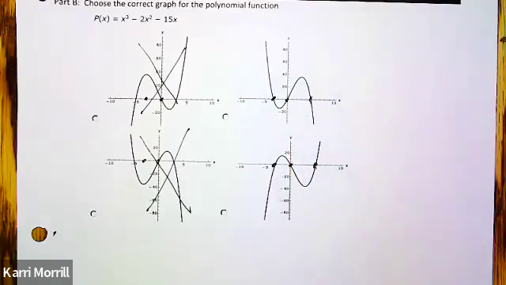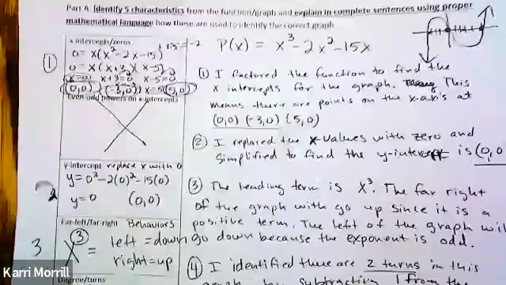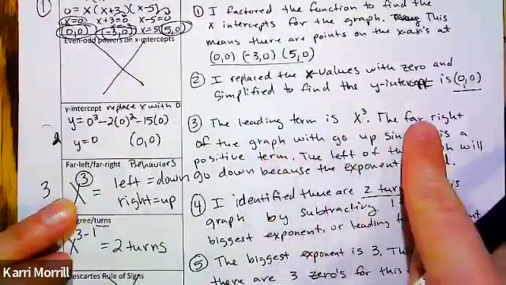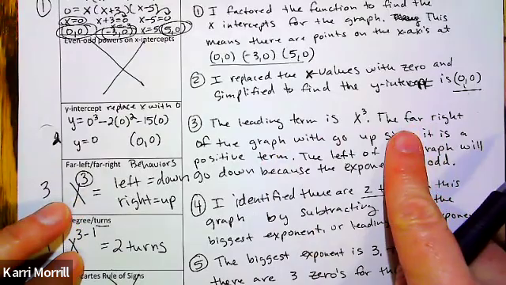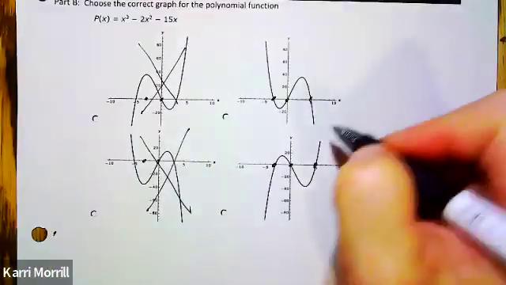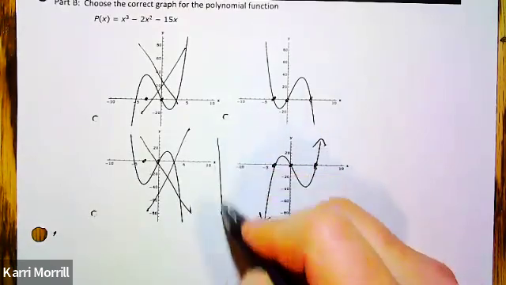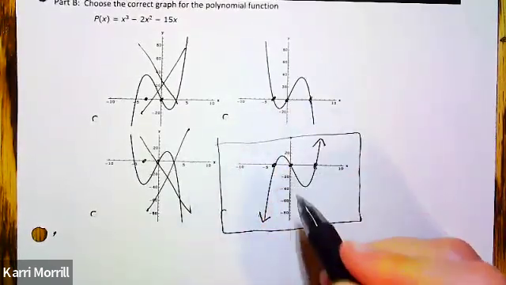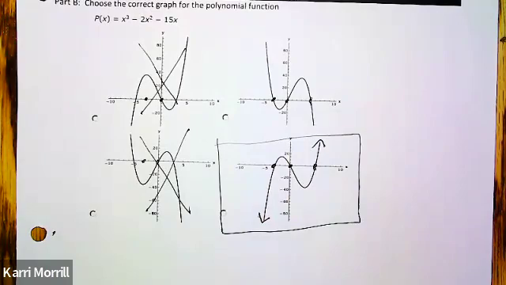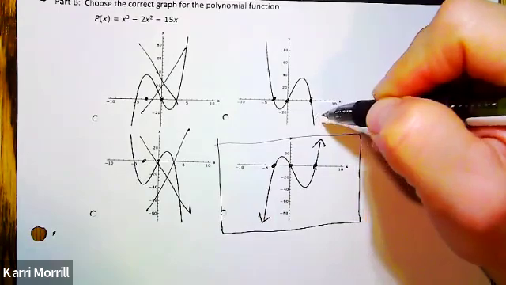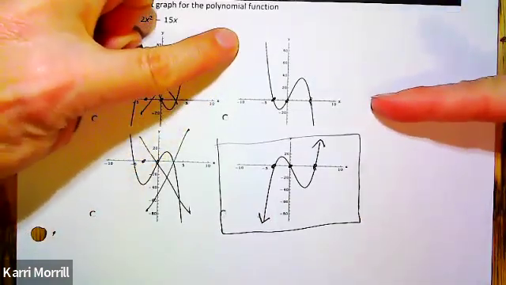This is where your far right and far left behaviors are probably going to be what determines between the two. So remember, we said that my far right, since the leading term was positive, should be going up. And this is the one that goes up, and the far left should be going down. So while these two graphs have the same exact intercepts, this one, the right-hand side is going down, so this one would be incorrect.